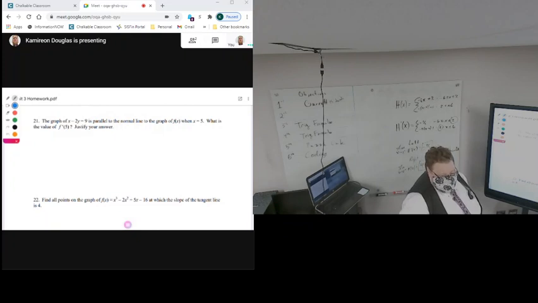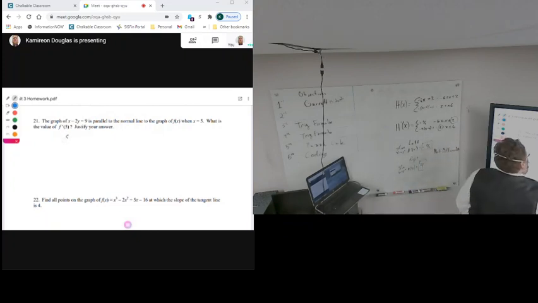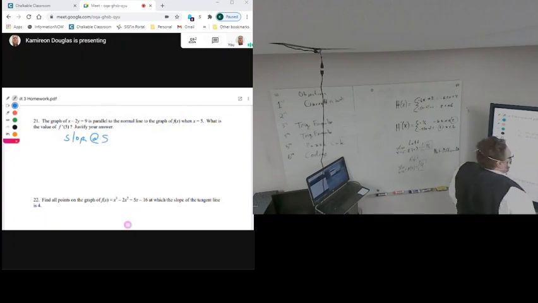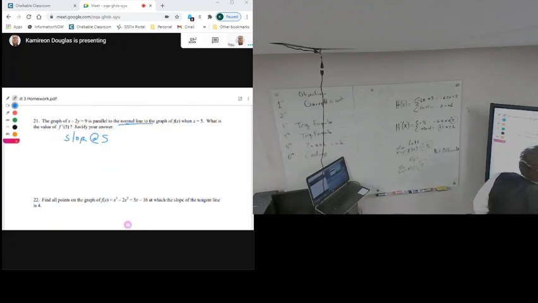f prime of 5. What does this mean? I want the slope at 5. What do I have? Well, I know something that matches to the normal line when x equals 5. So how do I find that? Well, I use a negative reciprocal. If I have the slope, I use the negative reciprocal to get the normal line.